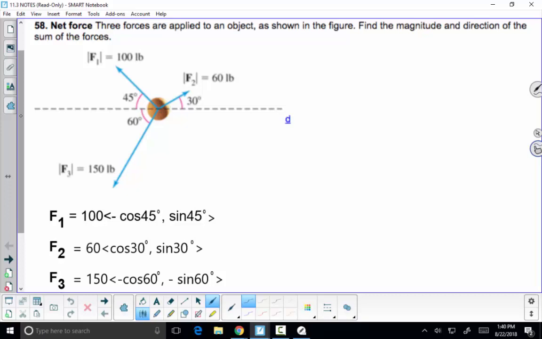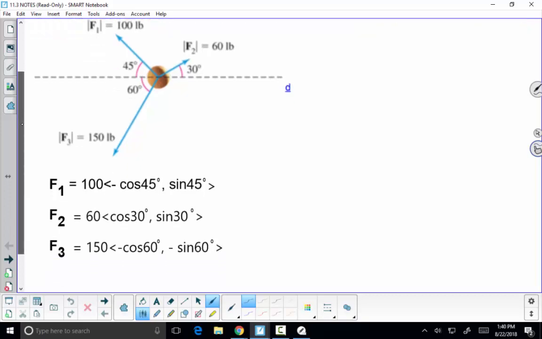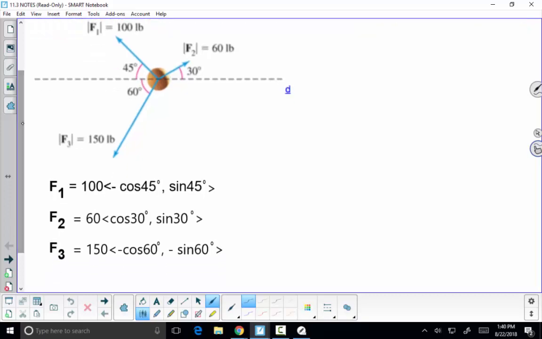So all we're going to do is find the component form for each vector, add them together, and that gives us the result. That tells us where we're going, tells us what happens when all 3 forces are applied to that object. Again, this concept of scaling a unit vector cannot be understated. We do that a ton. So we look at force 1. For force 1, we could come up with the components in 2 ways.